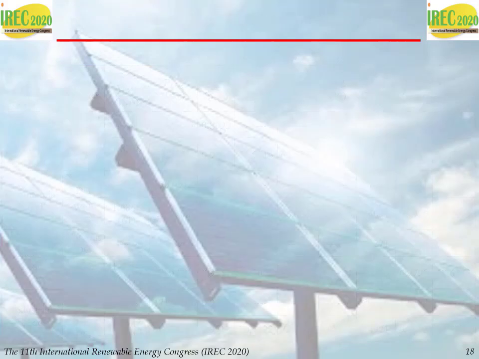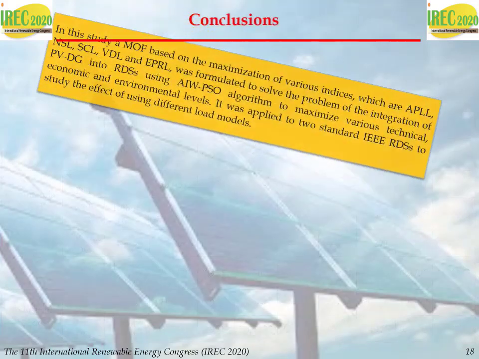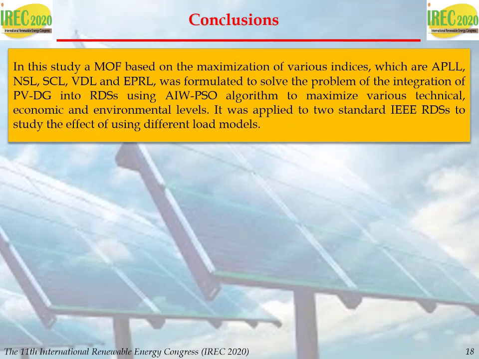The conclusion. In this study, a multi-objective function based on the maximization of various indices, which are APLL, NSL, SCL, VDL, and UPRL, was formulated to solve the problem of the integration of PVDG into a radial distribution system using adaptive inertia weight PSO to maximize various technical, economic, and environmental levels.